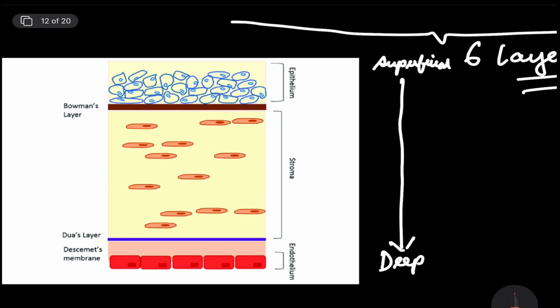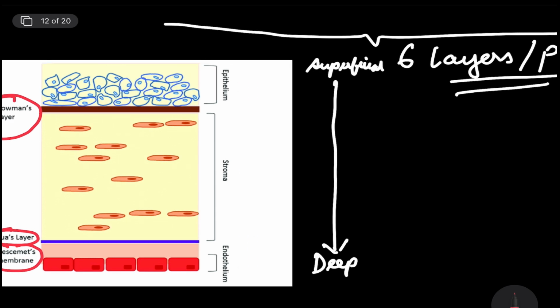So epithelium is the first layer. Second layer is called the Bowman's layer. Third layer is called the stroma. Fourth layer is called the Dua's layer. Fifth layer is called the Descemet membrane. And sixth layer is called the endothelium. So these are the 6 layers.